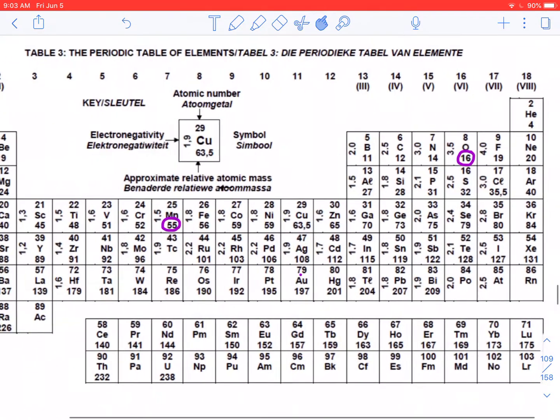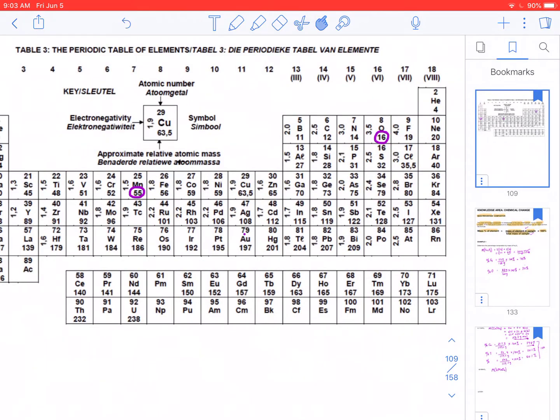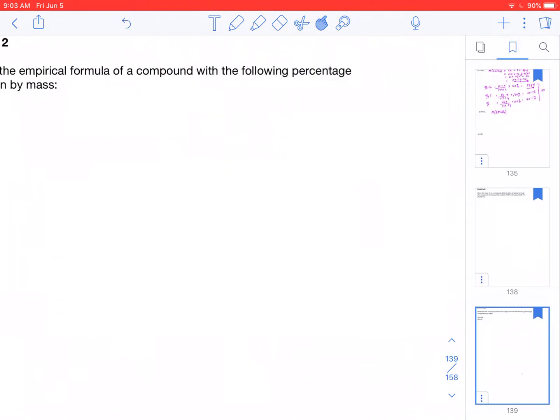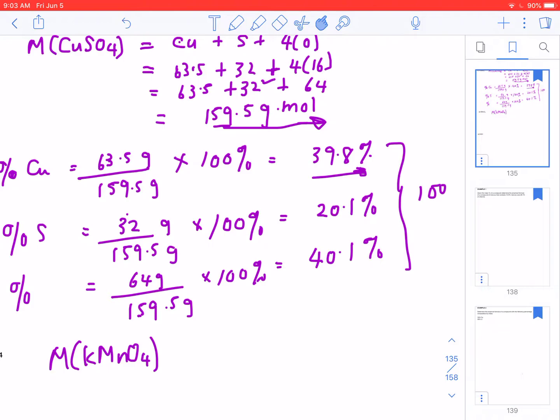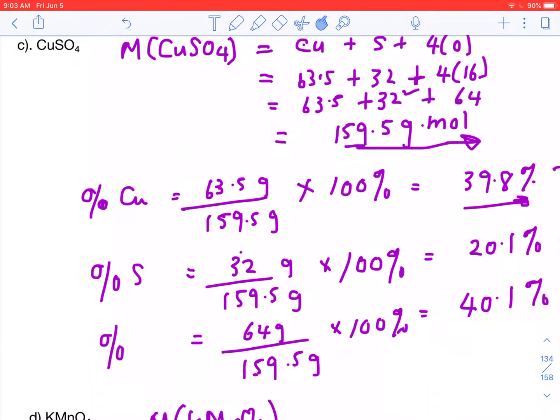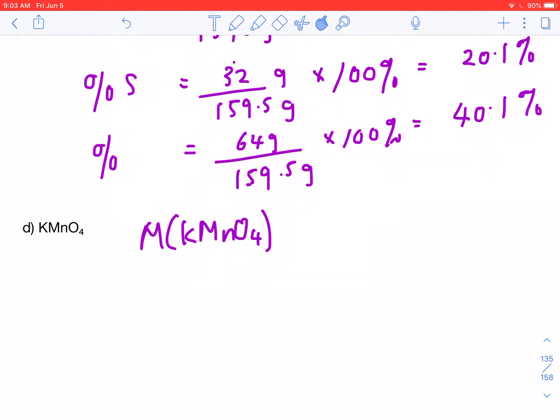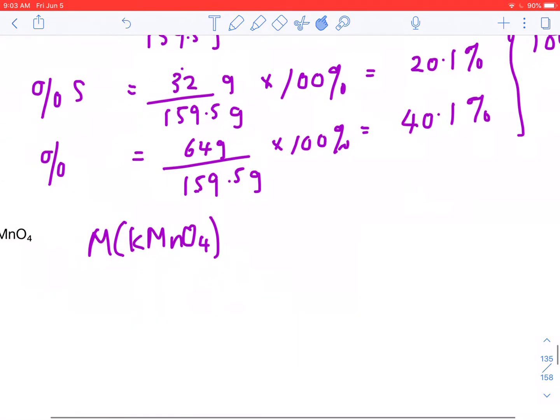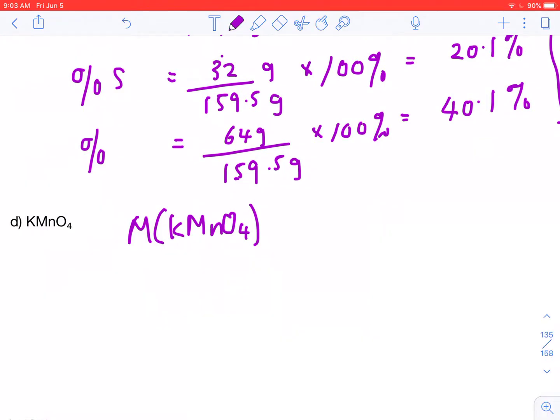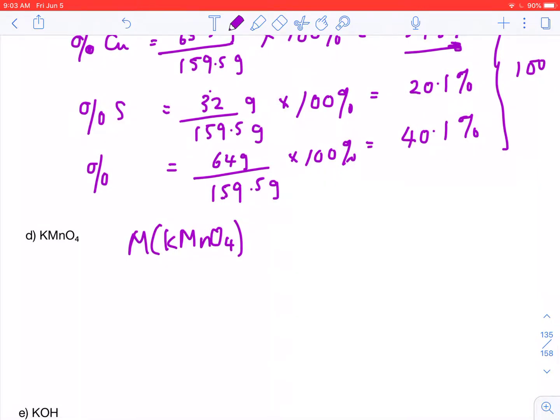So we look at this, and KMnO4 is equal to K, which we know is 39, plus manganese, which we saw is 55, plus oxygen, which is 4 times 16.